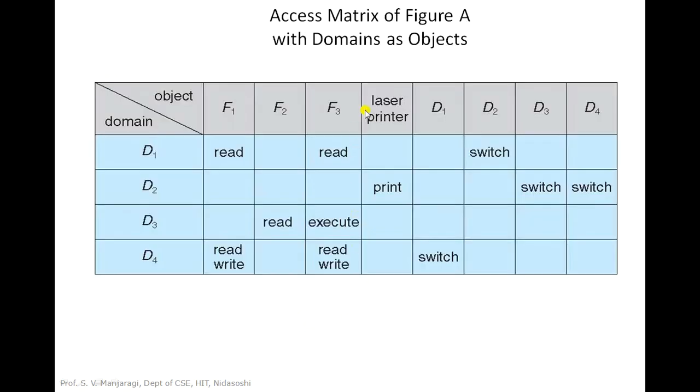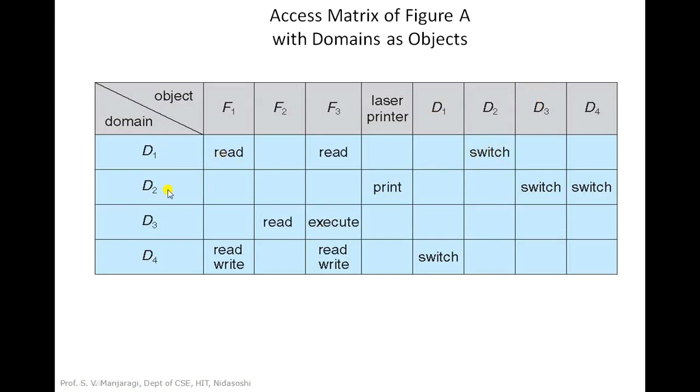Now let us take one example here, that is an access matrix with domains as objects. In the earlier example we considered only domains as rows and objects as columns. In this particular example the domain itself is acting as an object, and we shall discuss what operations we can perform on different domain objects, or what access rights we can set for them.